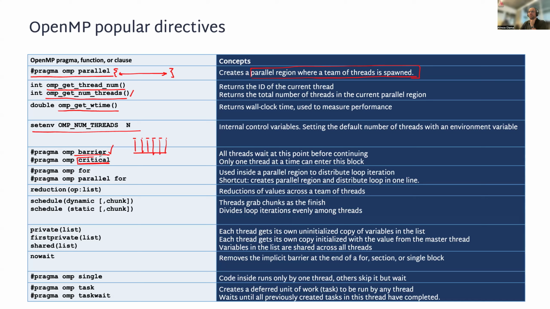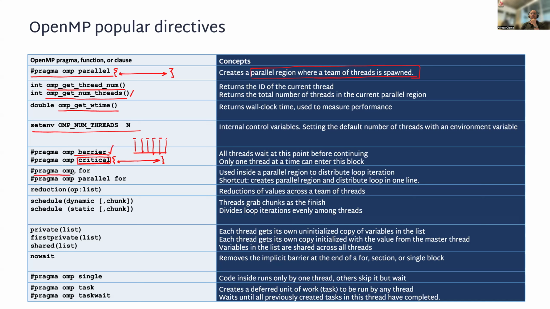You have critical. This critical clause that OpenMP gives you helps you avoid data races. You can specify that a specific block, using curly braces, is a critical section. In this case, only one thread can enter the section, which means you don't need to create a lock, acquire the lock, and then release it. Everything is done under the hood by OpenMP.